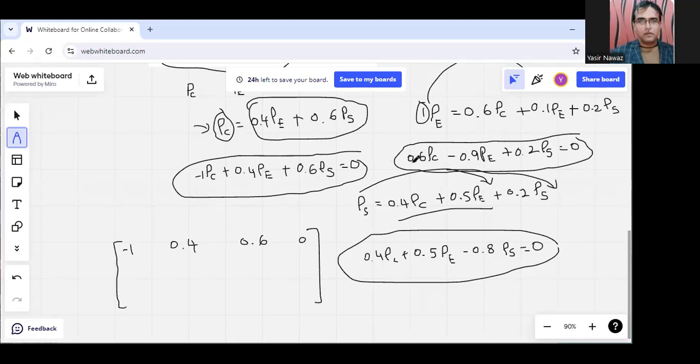For the second equation, the coefficient of PC is 0.6, and then the coefficient of PE is negative 0.9. The coefficient of PS is 0.2. Remember this: when you put it into matrix form, you have to arrange it in such a way that if you write PC first, then in every equation PC remains first.